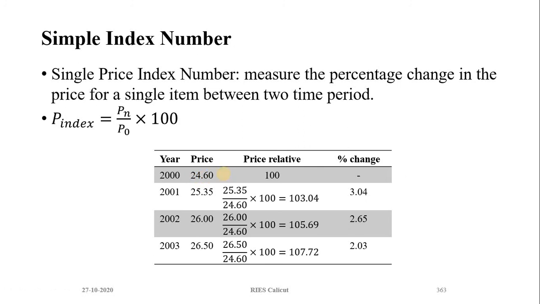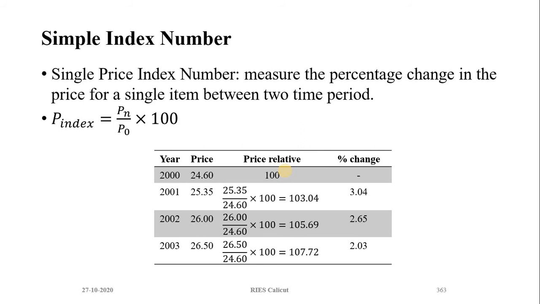So price relative means what? 24.60 divided by 24.60 into 100 will become 100. That is called price relative. So price relative is nothing but current price divided by the base year price into 100.